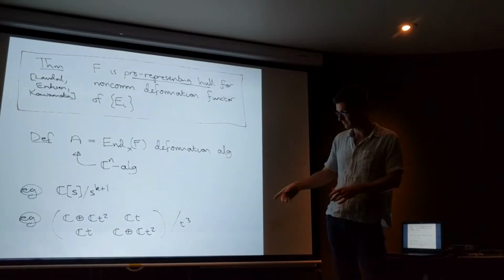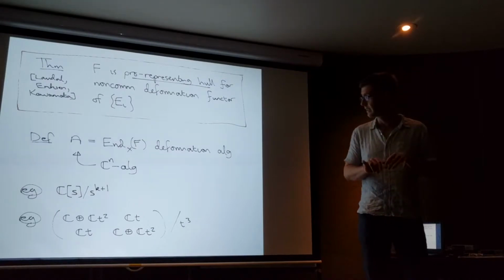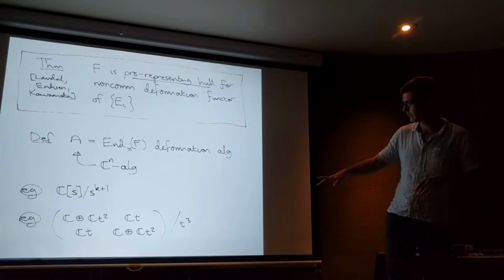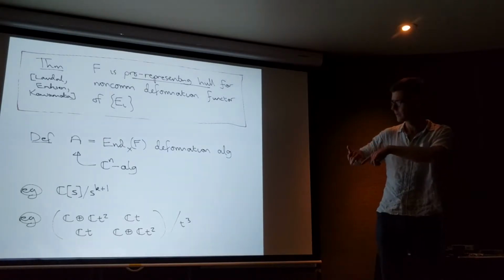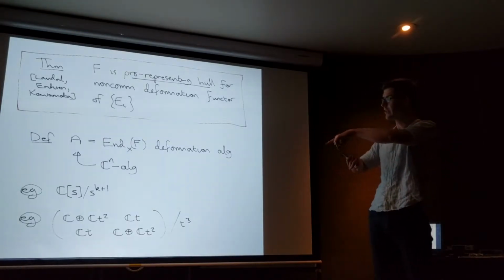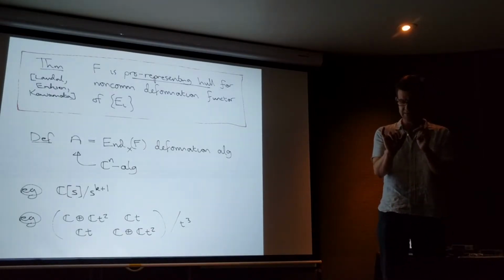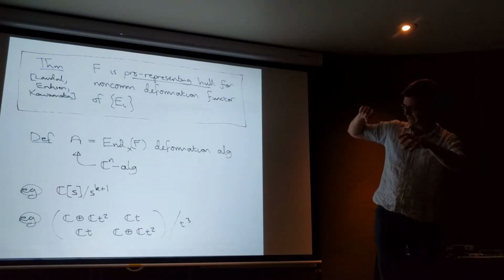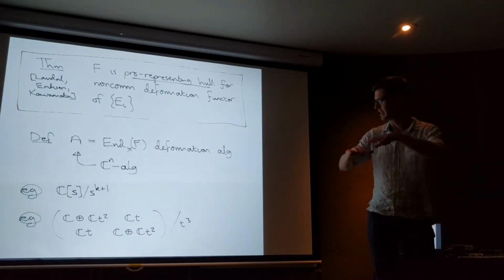It's commutative, but in the case of the two curves, it's this C2 algebra, which I've written, I hope it's visible to everyone at the bottom. So that algebra has two idempotents. They correspond to the C's on the diagonal, and it has elements corresponding to the anti-diagonal T's, which map one part of the direct sum to the other, and vice versa.